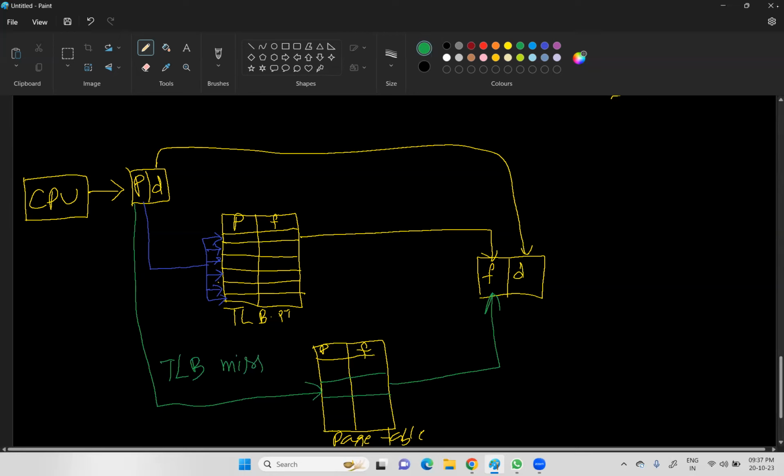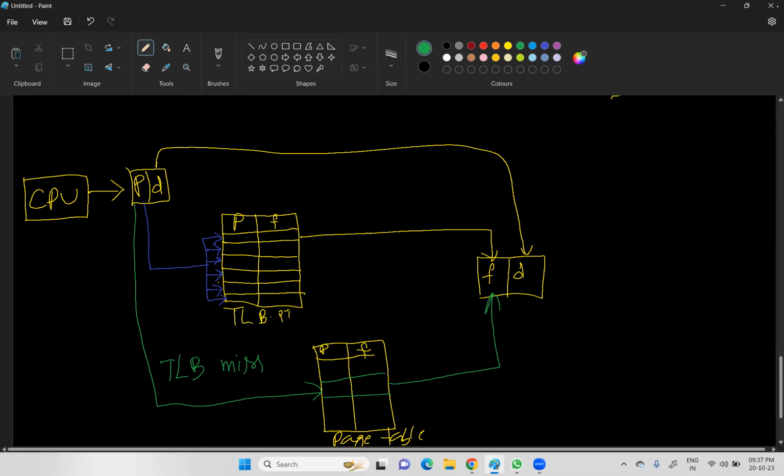When the address what CPU wants to execute does not exist in TLB, that will be called as TLB miss. The logical address which is being generated by CPU not existing in TLB is called TLB miss.